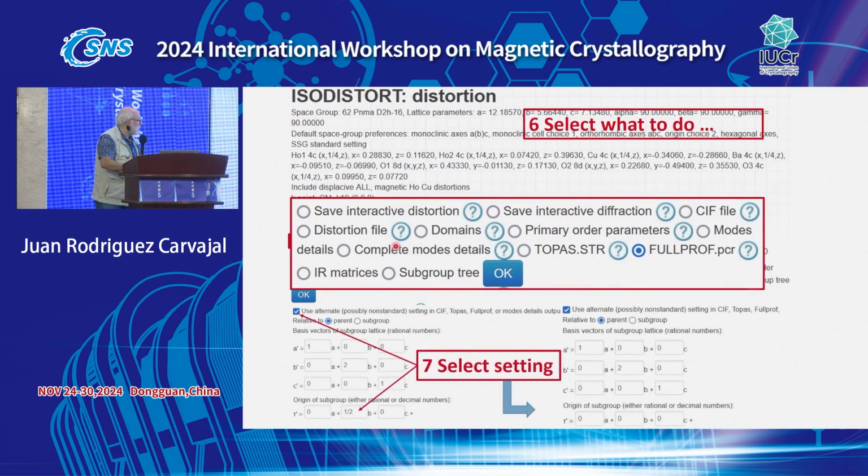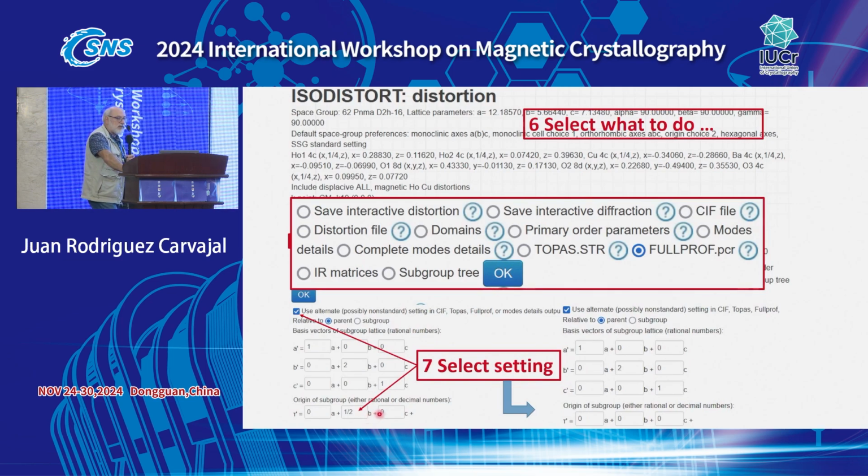We do that, and I recommend at least at the beginning, you see here, for example, that the standard setting, when I select the setting, here you have a 0, 1, you have a change of the origin. There are programs that can work with, in the case of fullprof, you can use whatever setting, there is no problem.